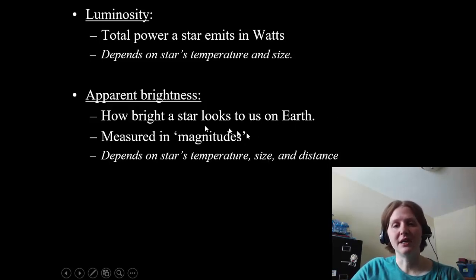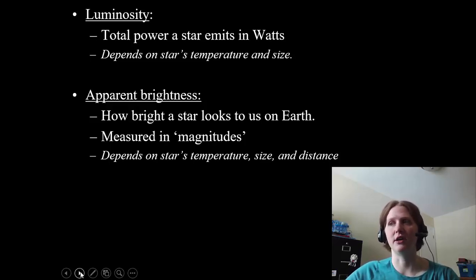So instead of saying temperature and size here, I could have said its luminosity or its wattage. Be careful using the word brightness in this chapter and from here on out, because if you say brightness, you're not talking about the wattage of the star. You're talking about how bright it appears to you on Earth.